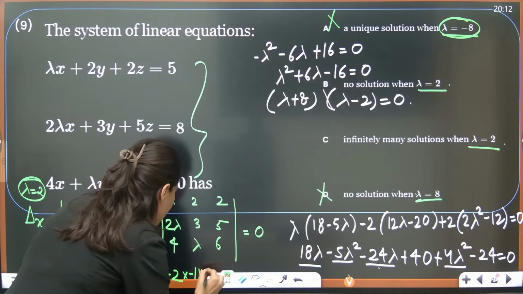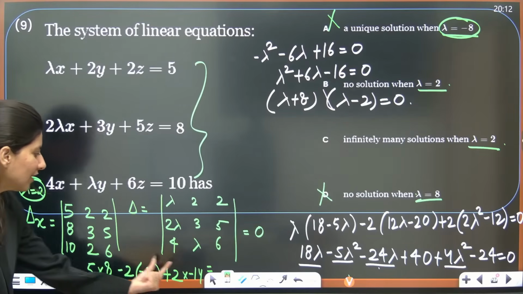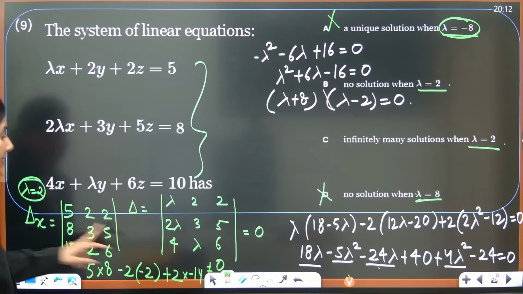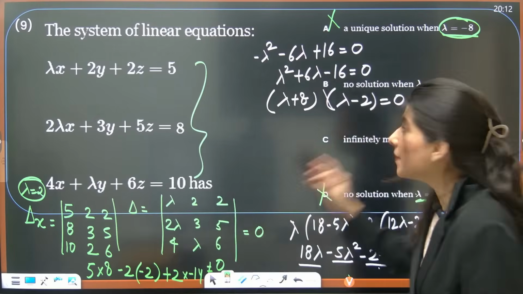Minus 14 equals, we need to check, 40 plus 4, 44. So it is not coming out as 0. Del x is being non-zero. For lambda equals 2, your del x is becoming non-zero.